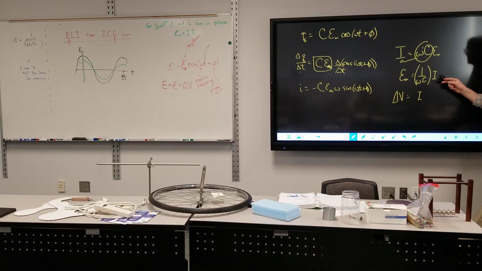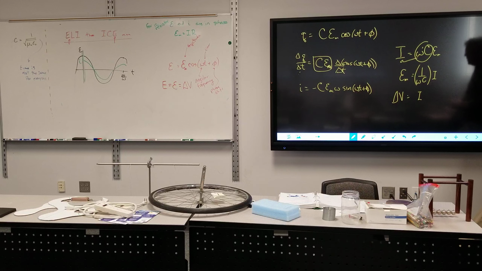Since this is in volts and this is in amperes, this has to have units of ohms. But it's not a resistance, though it seems to be kind of like a resistance. It has the right units for resistance.